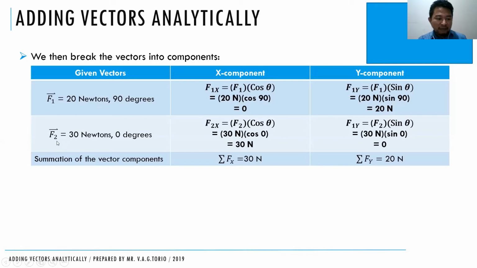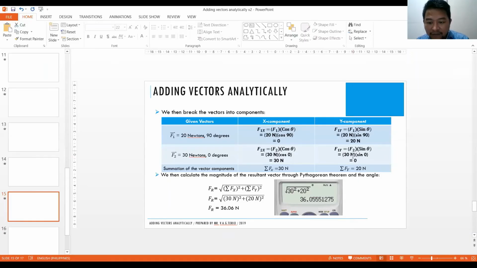We do the same with f sub 2. Substituting the values, we get 30 newtons times cosine 0. Cosine 0 is 1. 1 times 30 is 30. That's why we get 30 newtons here. And we do the same for the y component. Oh, sorry, this should be f sub 2y. Can quickly have that edited.